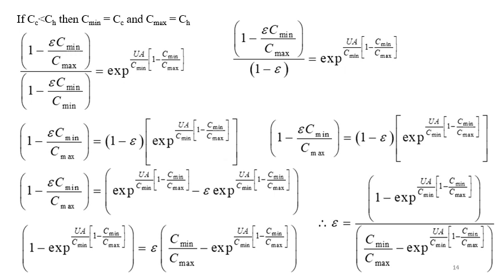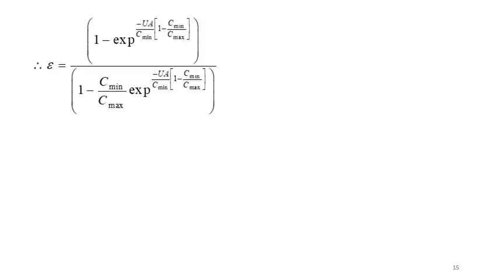Then finally, since we want to find the relation for effectiveness, this will go to the numerator. At last we will get this equation: 1 minus exponential to the power minus UA by C min into (1 minus C min by C max), divided by 1 minus C min by C max into exponential to the power minus UA by C min into (1 minus C min by C max).